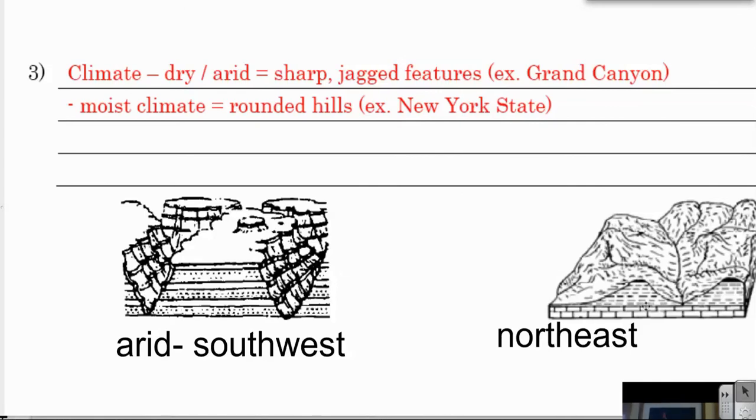In dry, arid places, you don't get a lot of plant growth, and so there's not enough root structure to hold the soil in, and so that causes the erosion, the pickup and carrying of those materials far away, and so you get more jagged cliffs. Whereas around here, we get a lot of plant growth, and that causes these valleys and hills to be more rounded, because they hold onto the soil a little bit more. So we get more rounded hills in our area in New York.